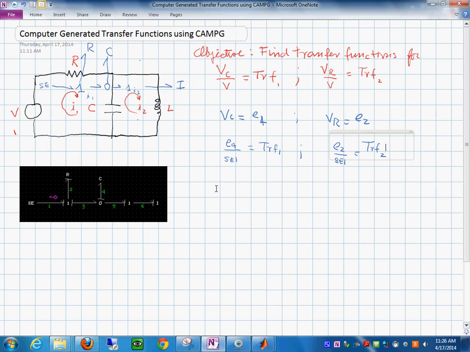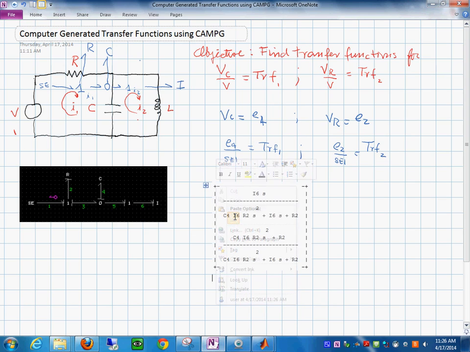We got in here that this is transfer function number 1. At the top, this one right here, is in reality E sub 4 in relationship to SE1, which is the same thing as we could say voltage VC in relationship to V. And of course, we have defined this as transfer function number 1.